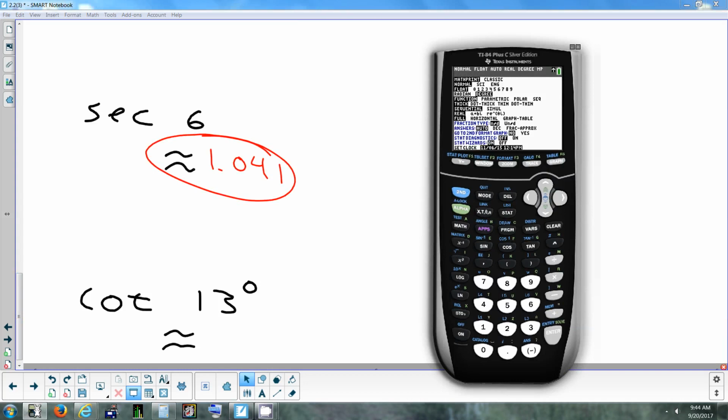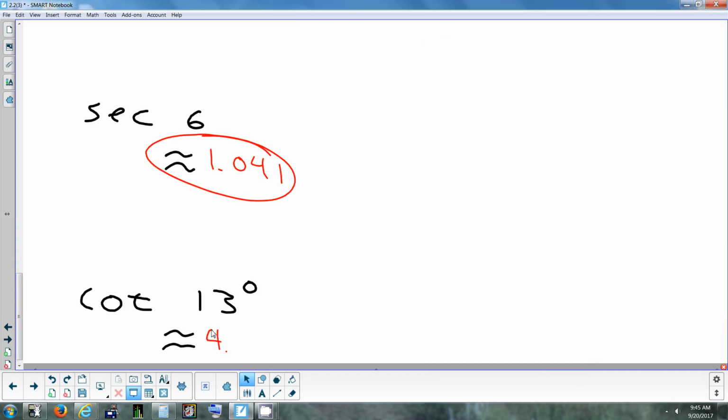You get the tangent above that. Yep. So I'm going to do what he just said all in one step. I'm going to find the tangent and flip it all at the same time. Okay, so 4.331. Any questions on that one?